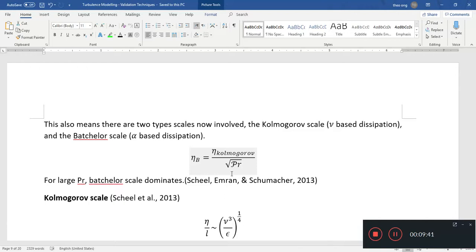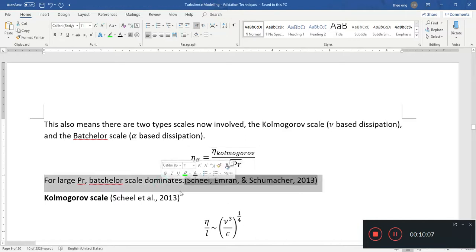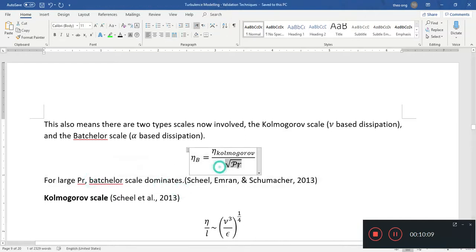So this is thermal diffusivity that drains energy out of the eddies, and most of the time we find that, especially for large Prandtl number fluids, this Batchelor scale is much smaller than the Kolmogorov scale. So you can see the relationship between the Batchelor scale and the Kolmogorov scale is simply that you scale it by 1 over the square root of the Prandtl number. So for large Prandtl number, the Batchelor scale dominates.